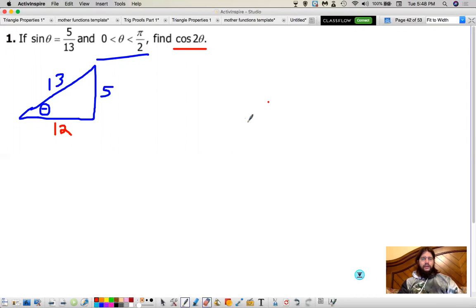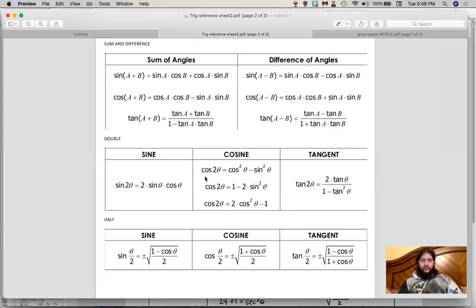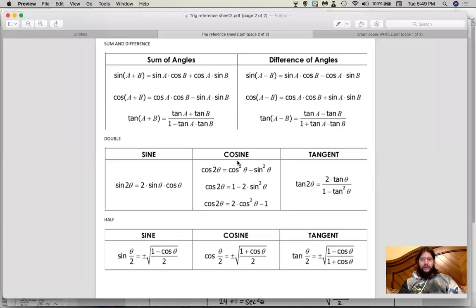So let's see what our identity is for cosine of 2 theta. We got a few options. Actually, we didn't need this triangle in this particular case because we have all these different options. We could just use this one right here that only deals with the sine.